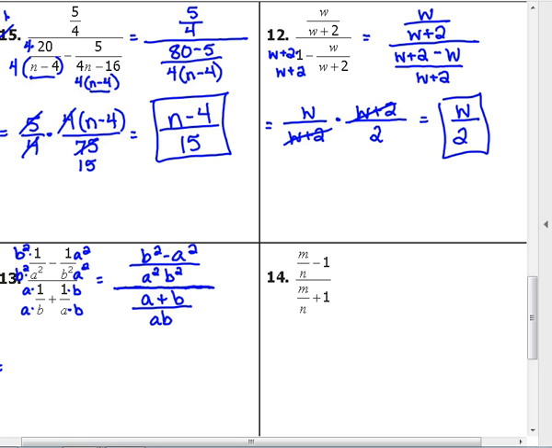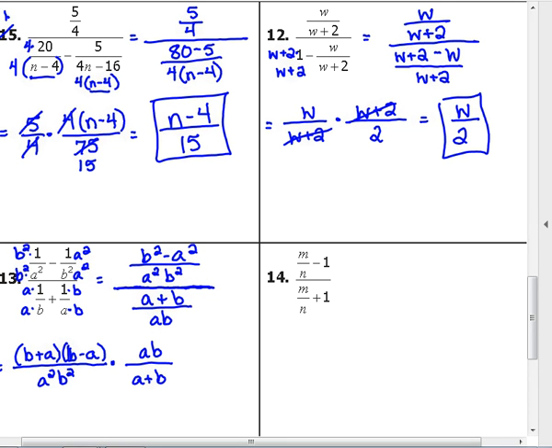Alrighty, so let's factor as we are flipping, because b squared minus a squared is the difference of perfect squares. So that's b plus a times b minus a over a squared b squared times, when we flip it over, ab is on top and a plus b is in the denominator.